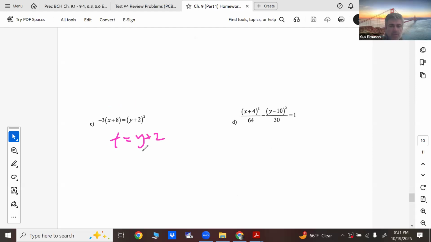You can also let t equal y. If you want to get creative, you can say t equals 2y plus 1. That'd be kind of weird, but you could. It's just a little too open-ended, so I'm not going to do that on the test. Okay, other questions?